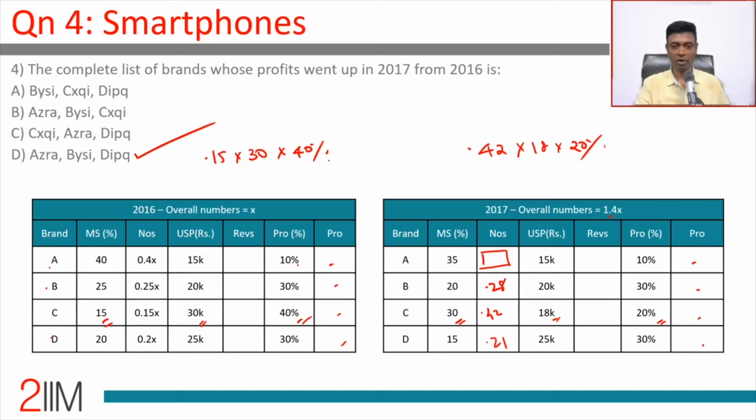So 0.15 into 40% is 0.15 into 0.4, which is 0.06 into 30, which is 1.8. 0.42 into 20% is 0.084. 18 into 0.084 is 1.512. This is 1.8, that is 1.512. So from 2016 to 17, Cxqi falls, whereas the other 3 increase.